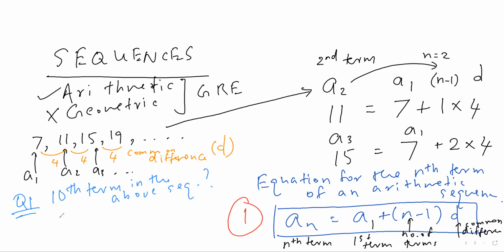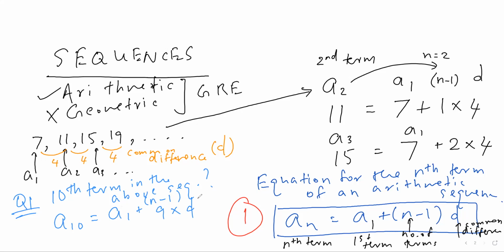How do you find the 10th term? A10 is equal to the first term A1 plus n minus 1, meaning 9, times the spacing.